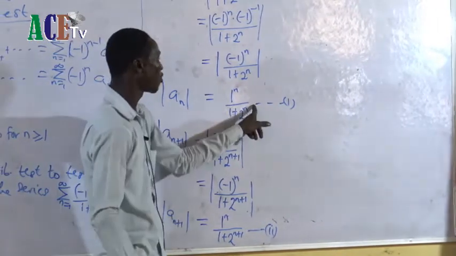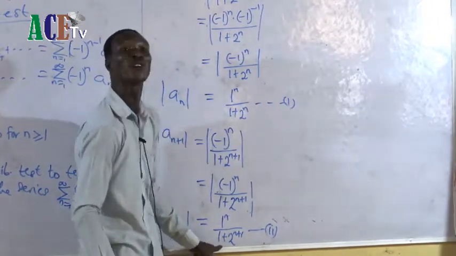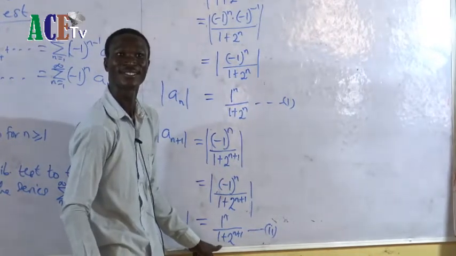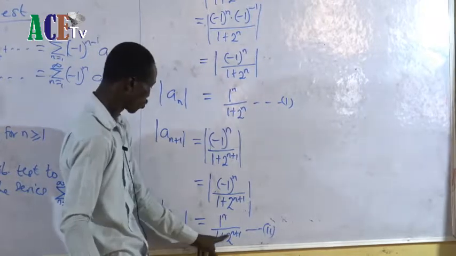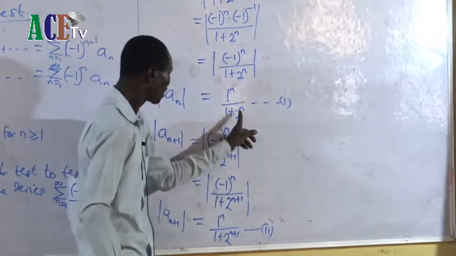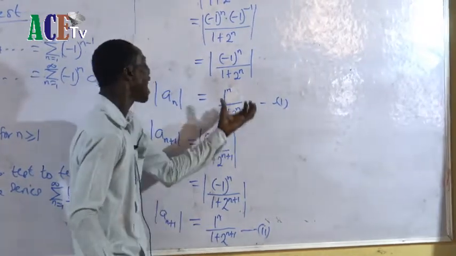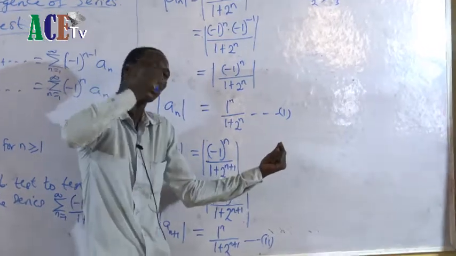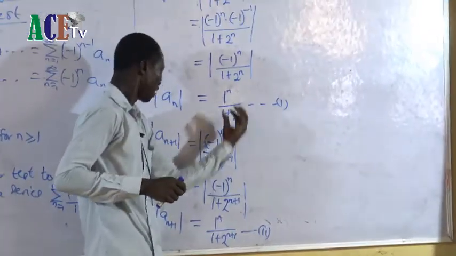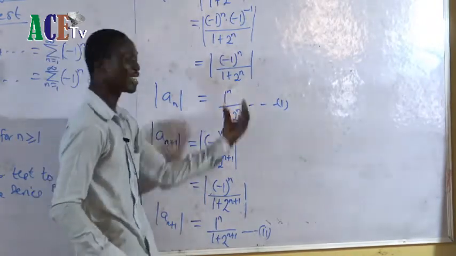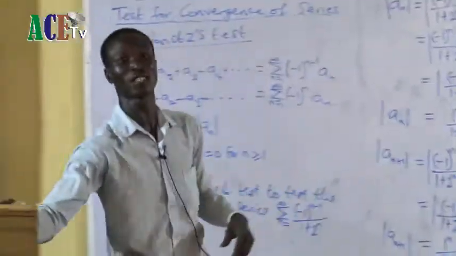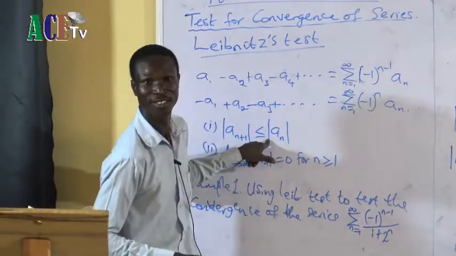Don't forget 1 over 3 is greater than 1 over 5. If n is 2, this one will be 5 and this one will be 9. This one is greater than this. You can see that at each point, the value of this will be greater than this. It means the absolute value of a_(n+1) is less than the absolute value of a_n, which satisfies the first condition.